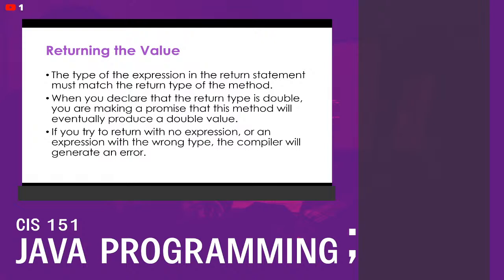That's a mismatch. That's going to throw an error. That's going to break your program every time. You want to make sure that the value being output is the exact same type as the value that you're calling for.